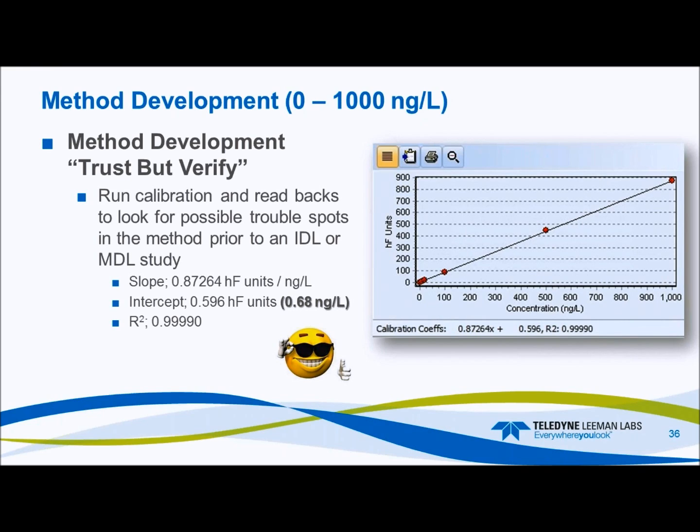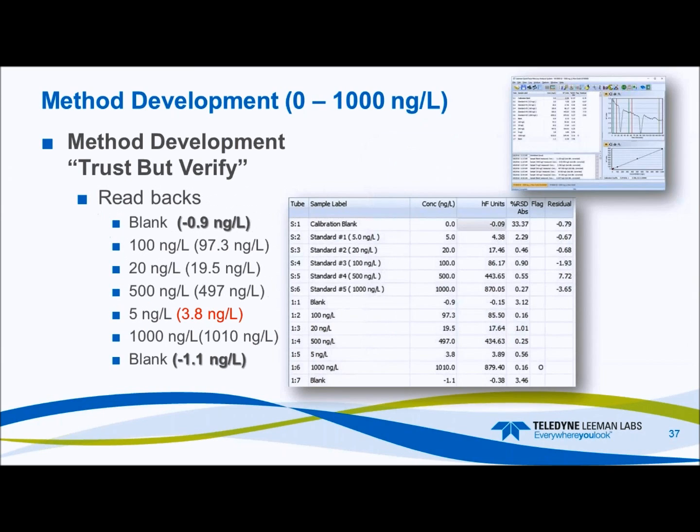All the graphs and everything in the systems, like I mentioned, are real time and user interactive. You can interact with these UIs and move, zoom in, zoom out, adjust left to right, and so forth. So the intercept is at 5.96, which turns out to be, when I run the math, 0.68 nanograms per liter. So that's not too bad, and the R squared is 4 9s, like I said.